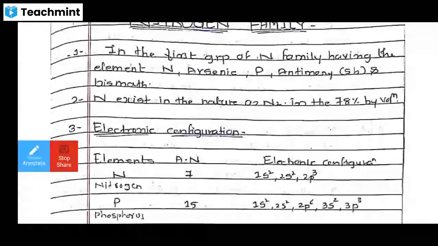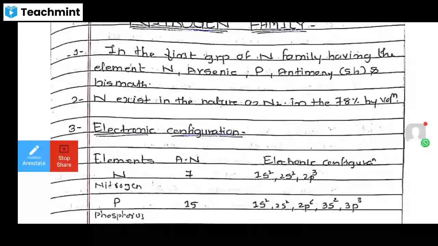The first group, the nitrogen family, has the elements nitrogen, phosphorus, arsenic, antimony, and bismuth. These are the elements in the nitrogen family.